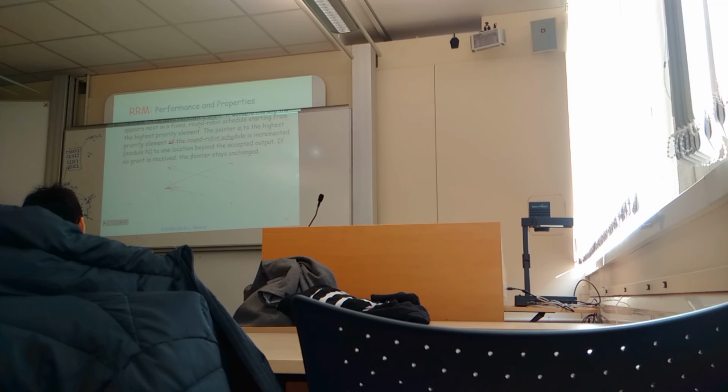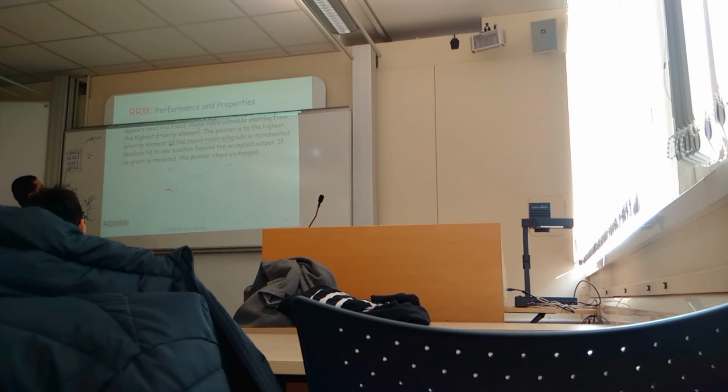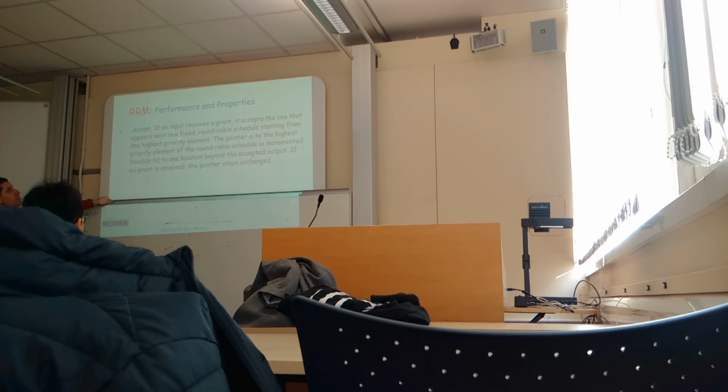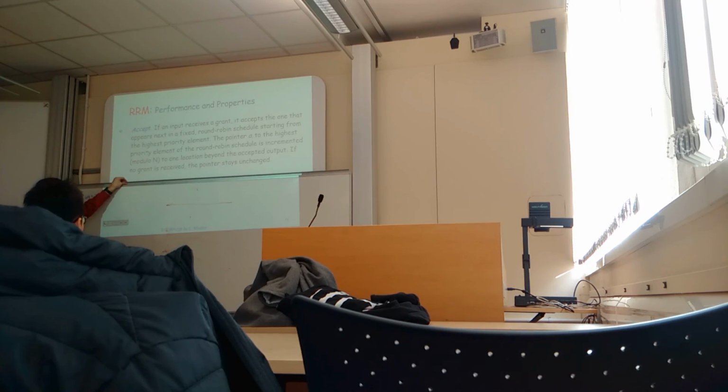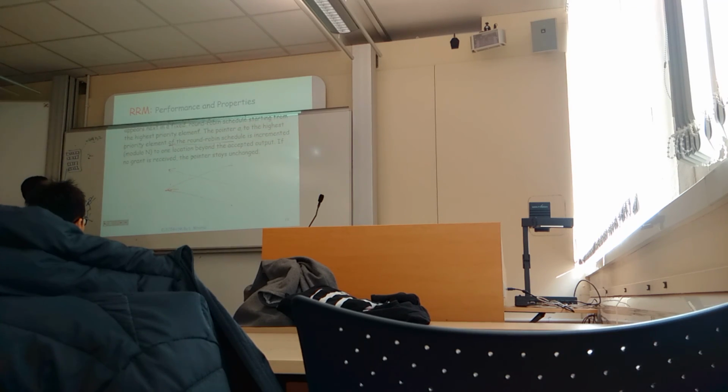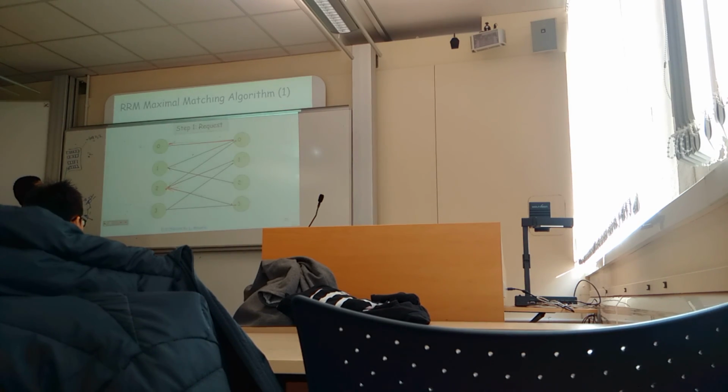Yes, this is the grant. The accept phase, which I'm going to show you. If an input receives a grant, it accepts the one that, please read from your slide. We are going to talk about this now. Okay? It's exactly as the grant. Oh man, it's very good like this.